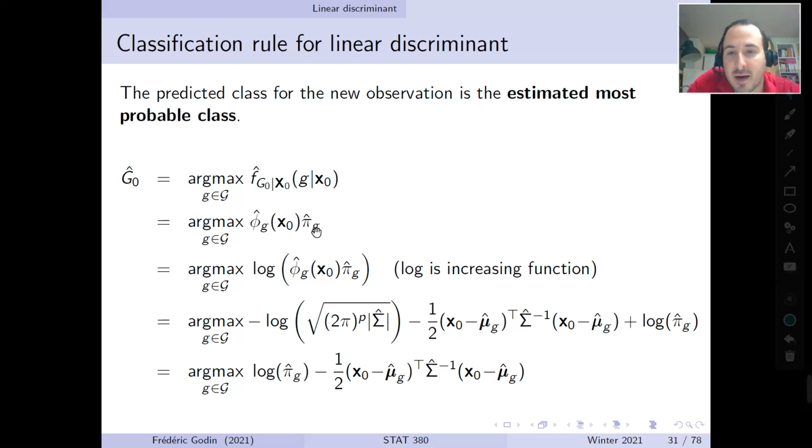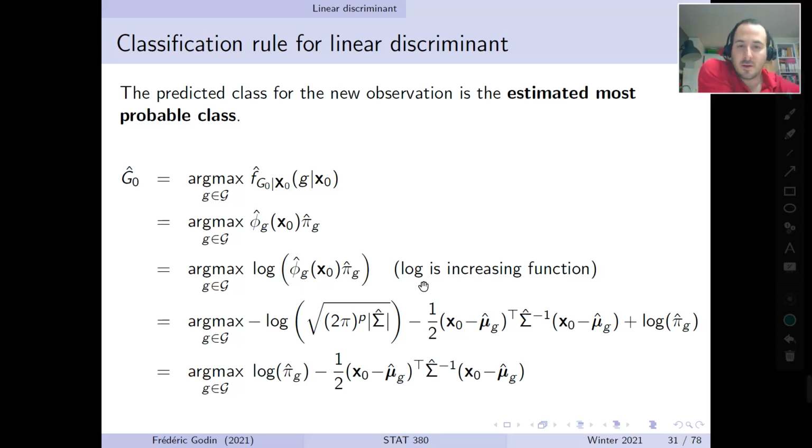And when we maximize a quantity, we can also maximize the log of that quantity because the log is an increasing function. And the log of this times this is the sum of logs. The log of a times b is the log of a plus the log of b.